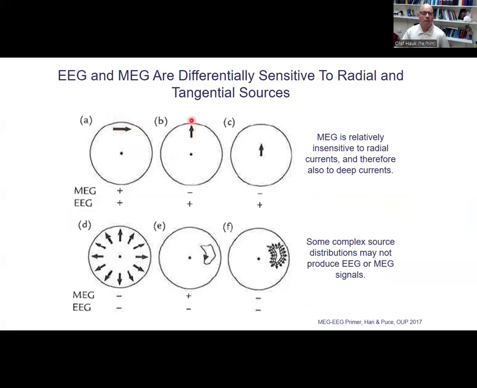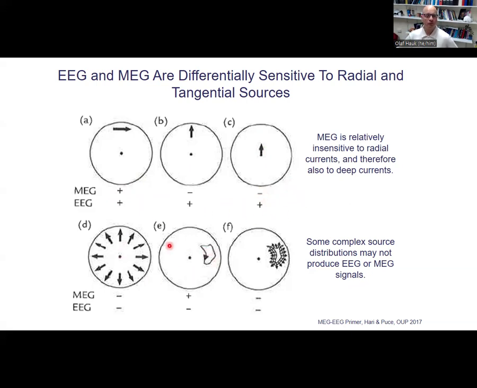For radial dipoles pointing towards the skull or the scalp, MEG is insensitive, but EEG can still see them. A special case of a radial source is a source directly in the center of the brain. So EEG can still pick something up, but MEG can't. That also means that the deeper the source is, the more radial it is. That means MEG is probably less sensitive to deeper sources than EEG.